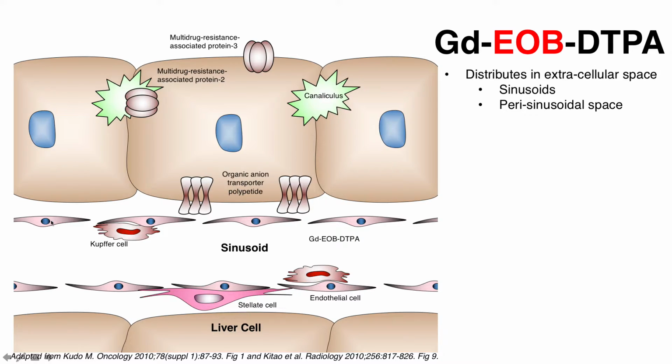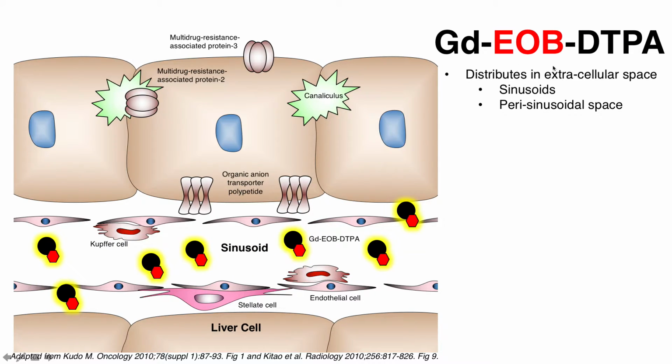And then there's this sort of fenestrated layer of sinusoids, and that separates the perisinusoidal space from the sinusoid, or the sinusoidal space. So when we first give gadolinium EOB DTPA, just like any extracellular agent, it will distribute in the extracellular space, meaning the sinusoids and the perisinusoidal space, like that.